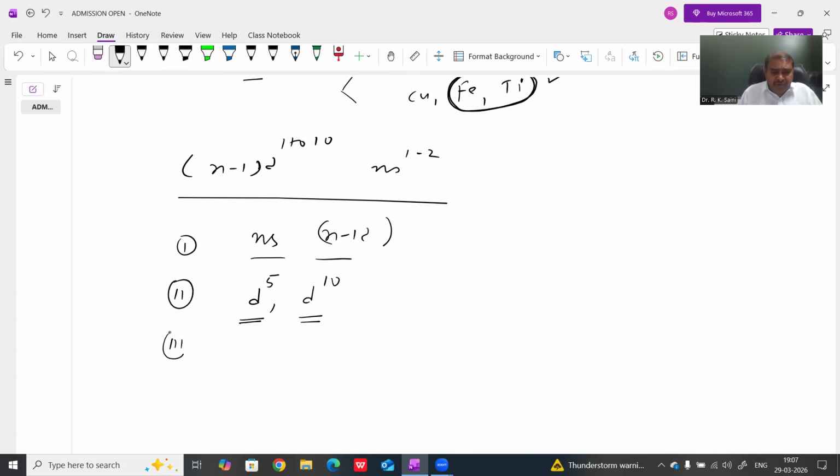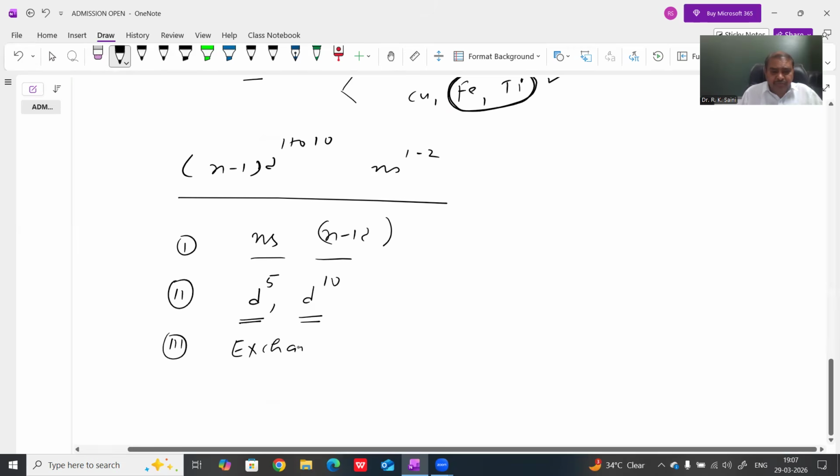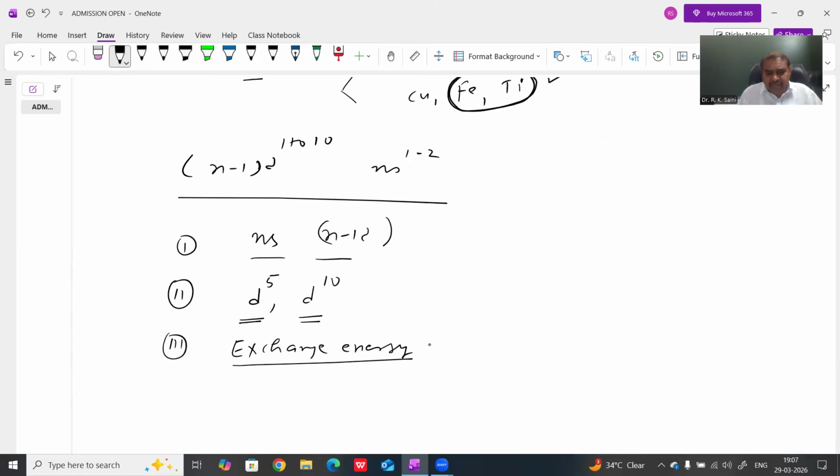The next factor is the high value of exchange energy. Exchange energy is the energy released when electrons instantaneously exchange their position in degenerate orbitals with the same type of spin.